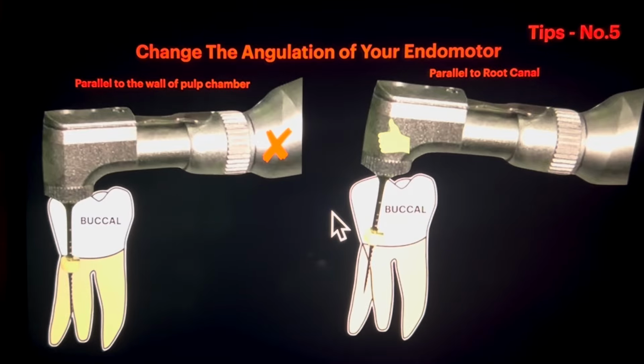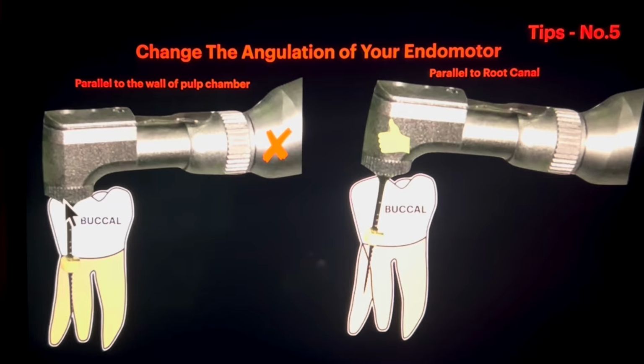Now tip number 5 is the most important. Change the angulation of your endomotor while you are preparing the distolingual canal, especially in radix entomolaris cases. Now, if you see this picture, this is the distolingual canal, which is at a different angle from that of your crown.